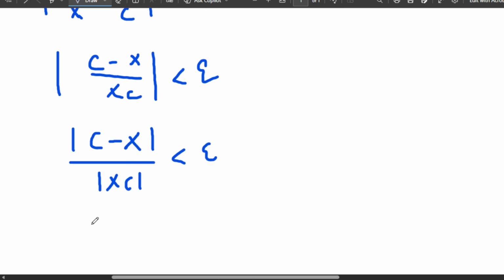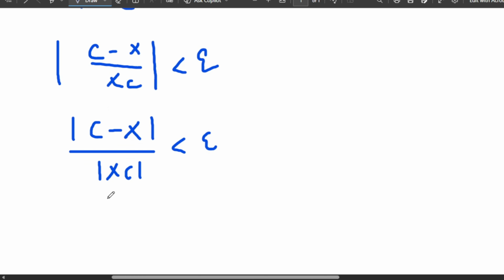Since we don't know the value of c, we can split them, and notice that |c minus x| is always positive, so we can change it into |x minus c|. Why? Because we can factor out the negative: it will be the absolute value of -1 times (x minus c).